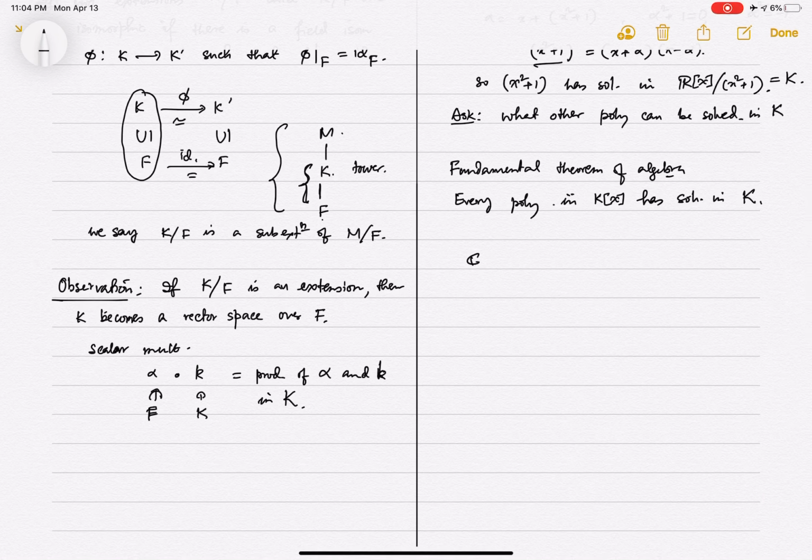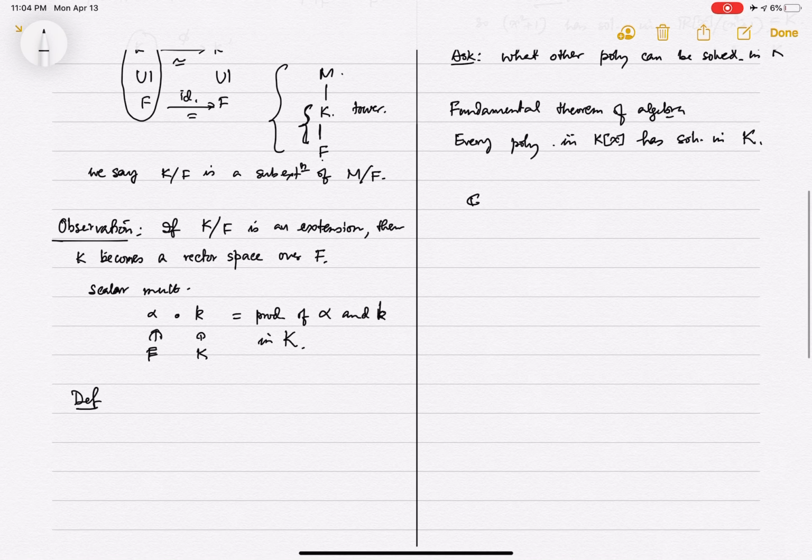We are going to be mainly interested in the situation when this vector space is a finite dimensional vector space. And those are called finite extensions. So here's the definition: K colon F denotes the dimension of K as an F vector space.